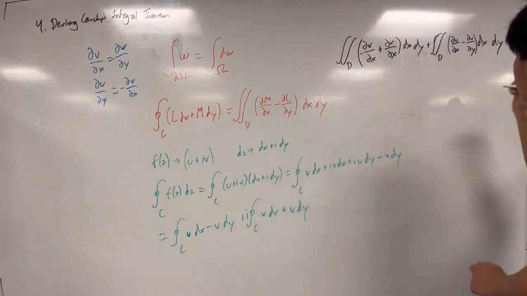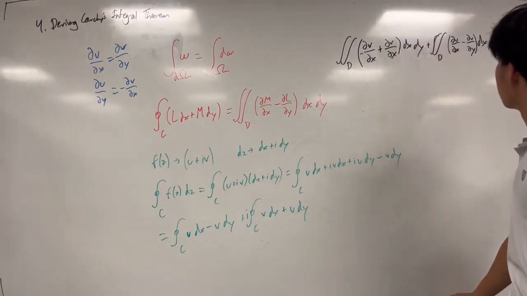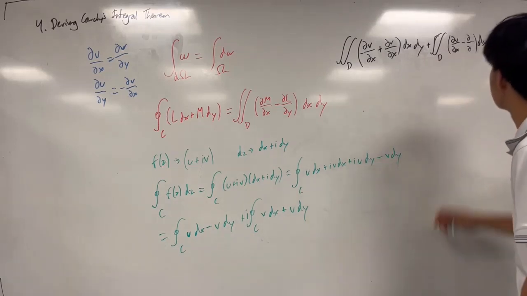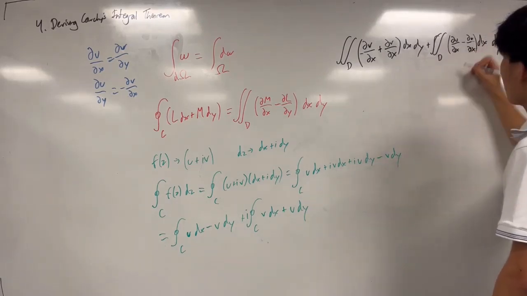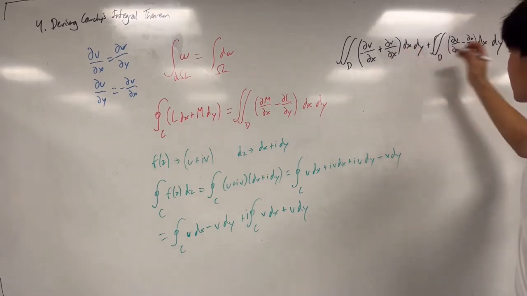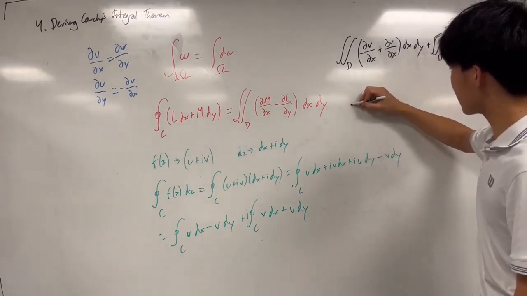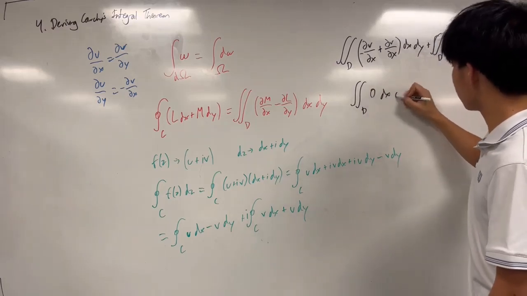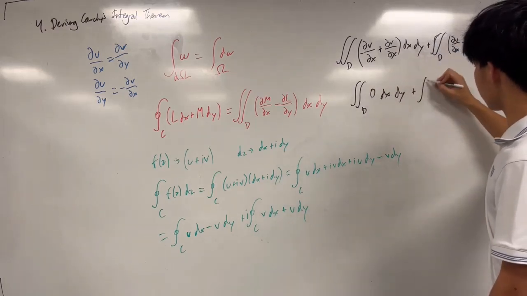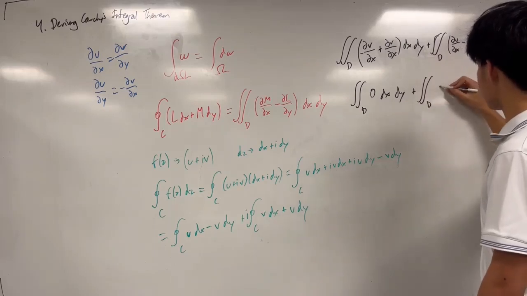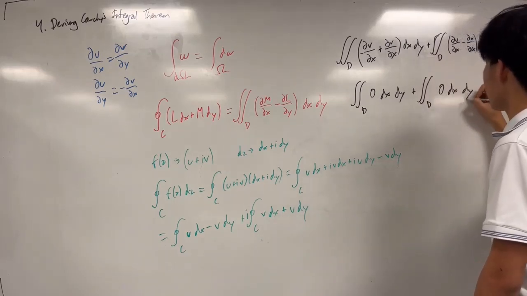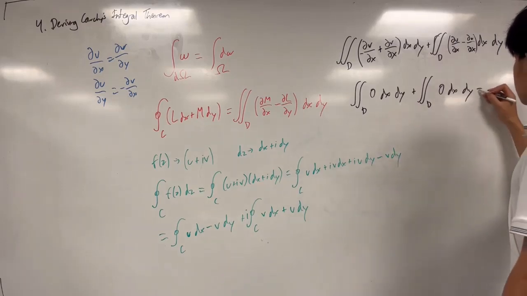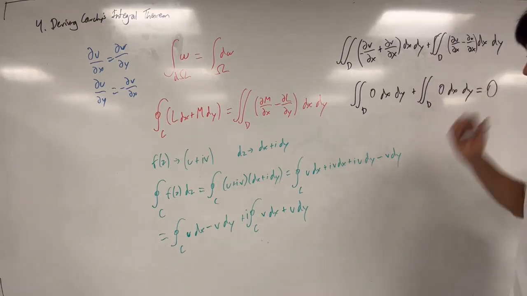And then over here, del v del y equals del u del x. So you can see the integrands cancel out to 0. So really this is the area integral over D of 0 dx dy, plus the area integral over D of 0 dx dy. And because the integrands are 0, the integrals are 0. And so this comes out to 0.